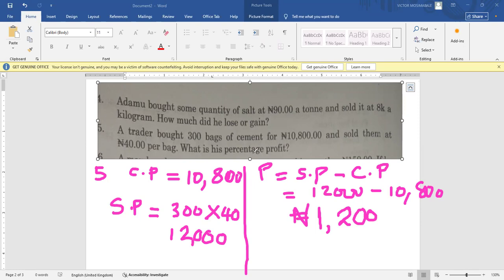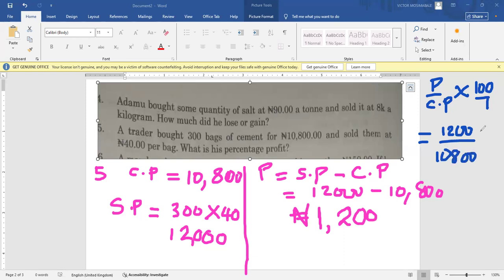And then you have to find percentage profit. Percentage profit will be profit over cost price, profit over the CP times 100% over 1, right? Okay, so I will be having it as 1,200 over the cost price, which is 10,800, times 100% over 1.